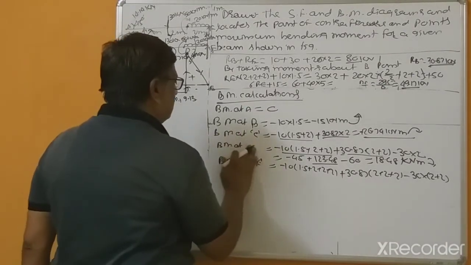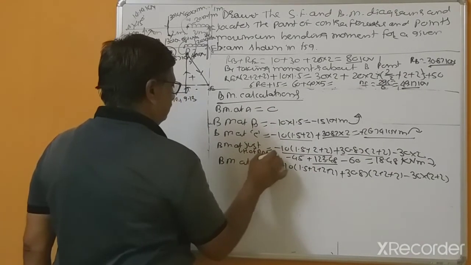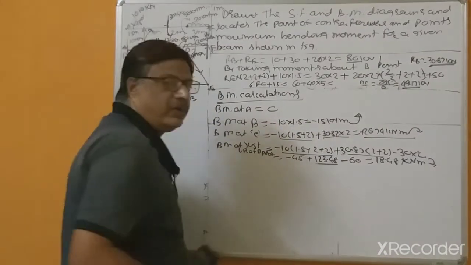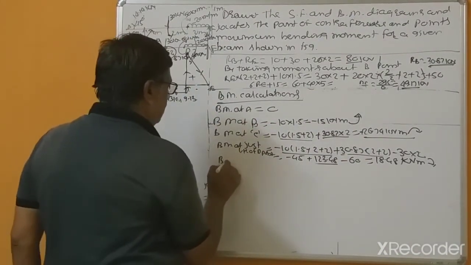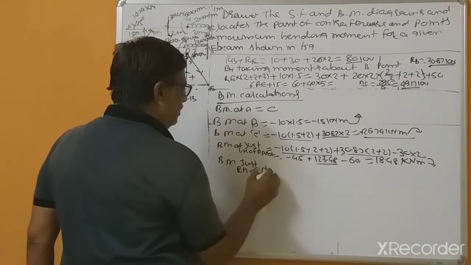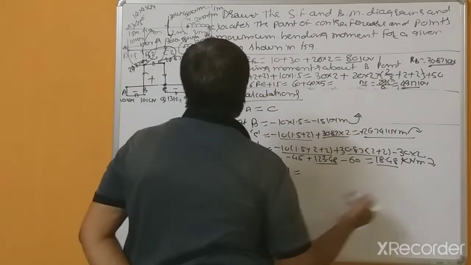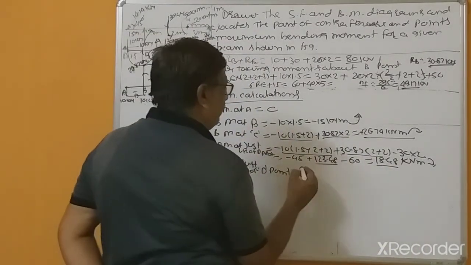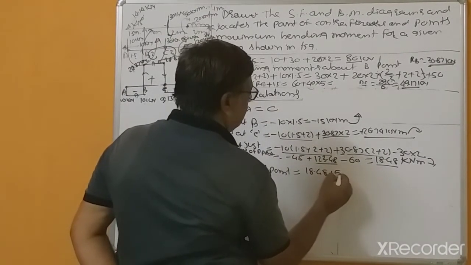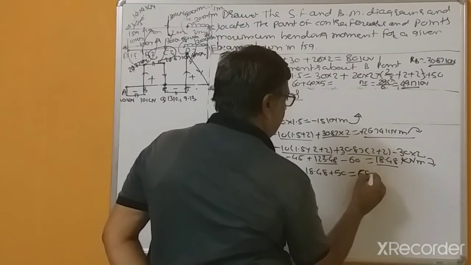Bending moment, this is just left hand side of D point, because your moment is acting, so that's why you have to calculate bending moment just right hand side of D point also, and this is 18.48, and this moment clockwise, so that's why 18.48 plus 50 kilonewton, and this is equal to 68.48 kilonewton meter.